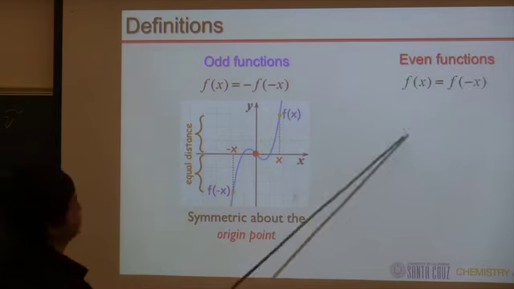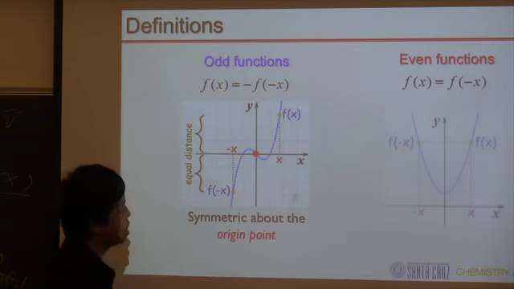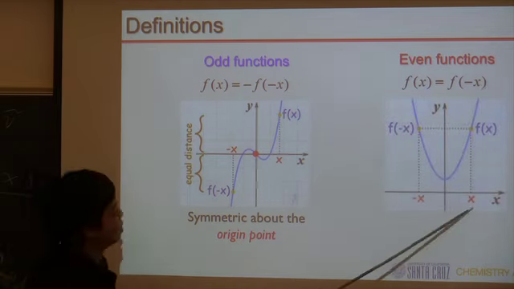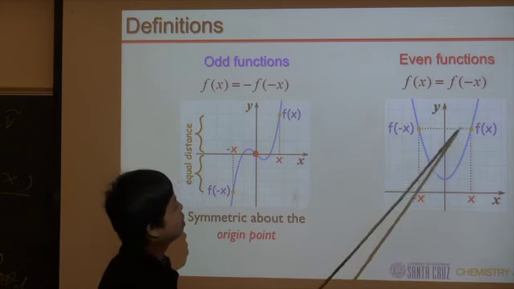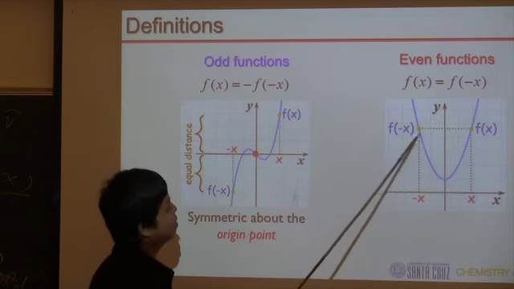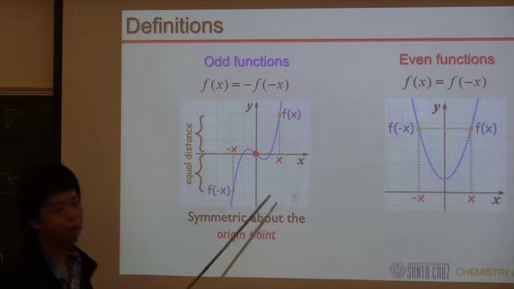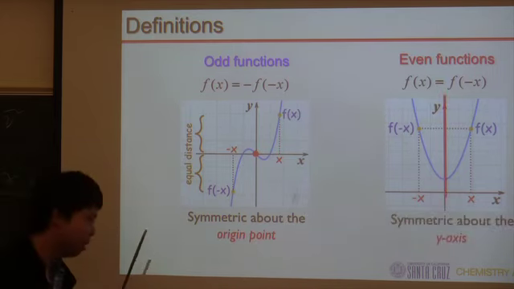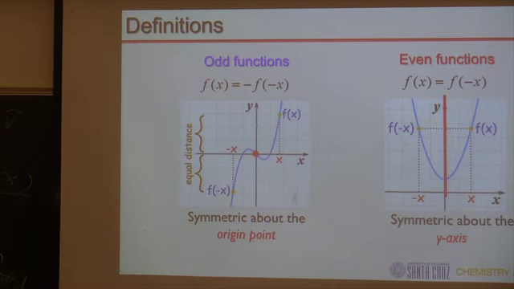While the even function satisfies this definition, and the plot is like that. Again, if you change the sign of x, you read f(x), it will be the same. So f(-x) will be f(x). It's just equal to each other. So we call the figure of an even function symmetric about the y-axis.